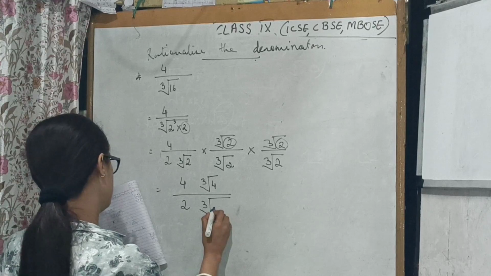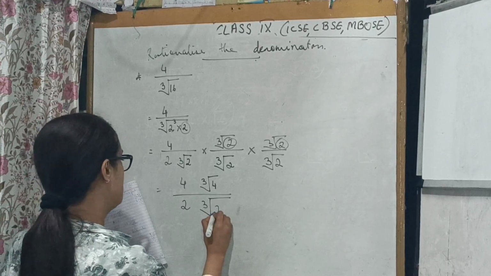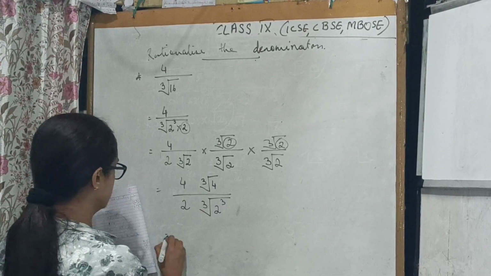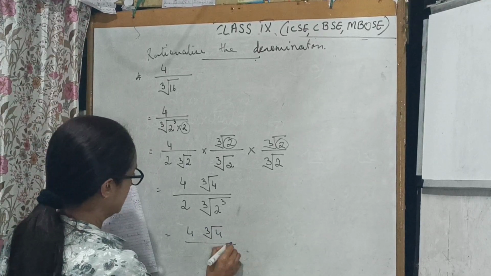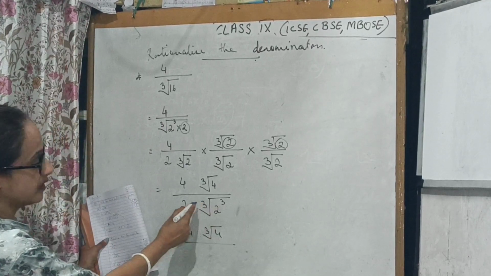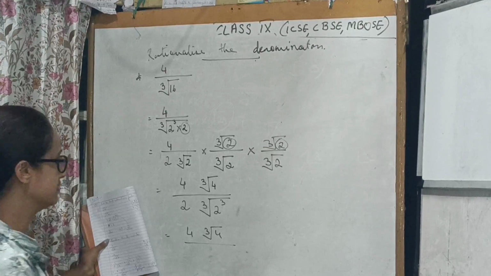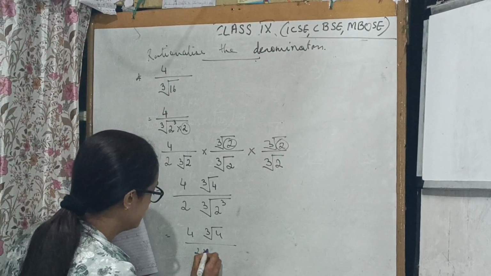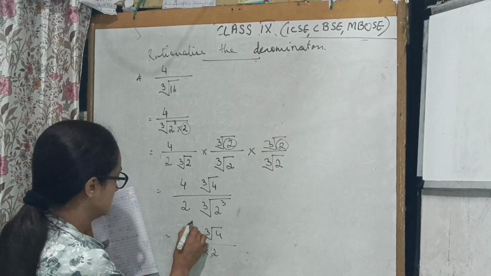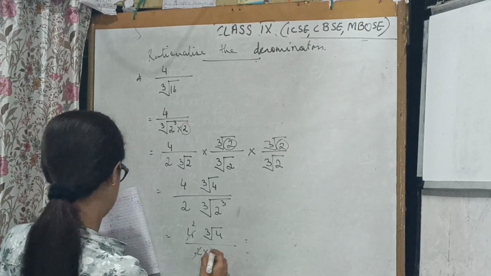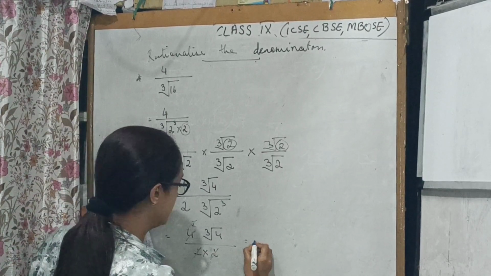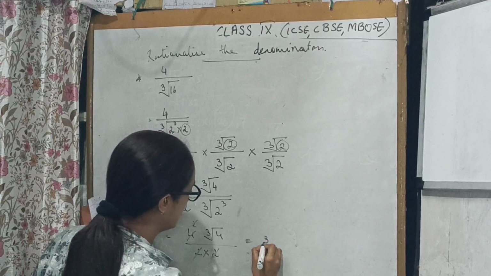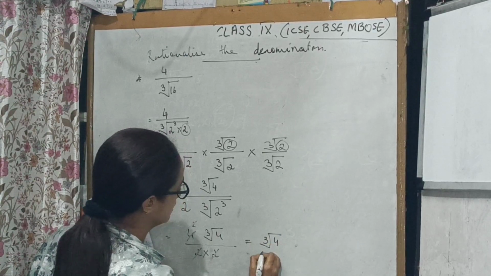That means I can write it as 2 cubed. Cube and the cube root gets cancelled. So you are left with 2 into 2. So your answer is 2 cancel. Your answer is simply third root of 4.